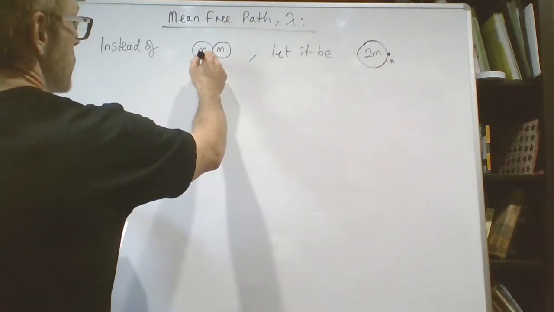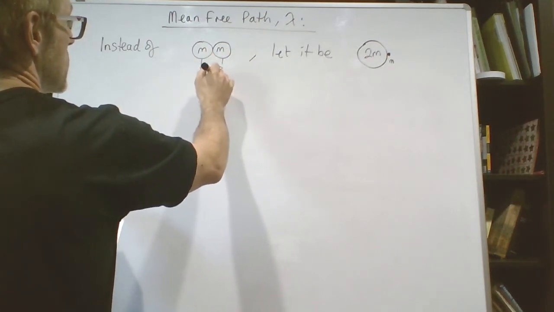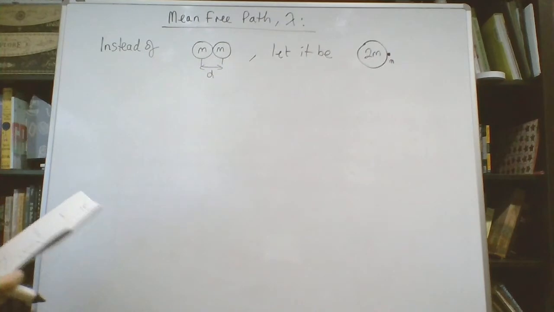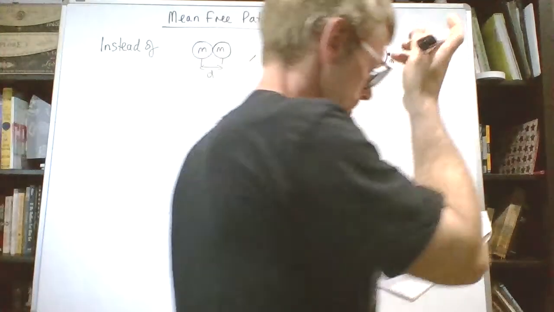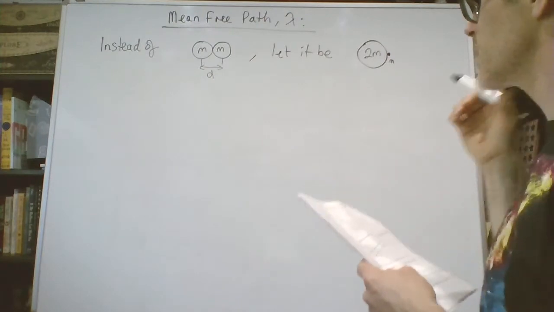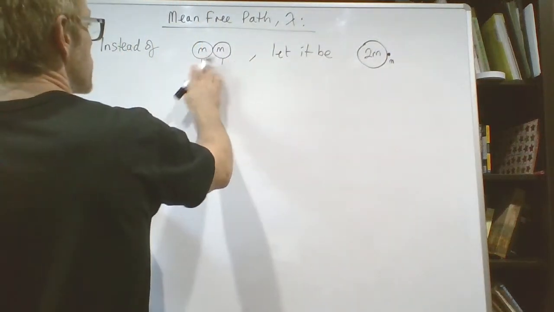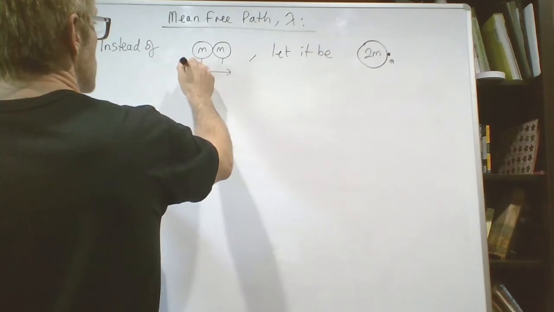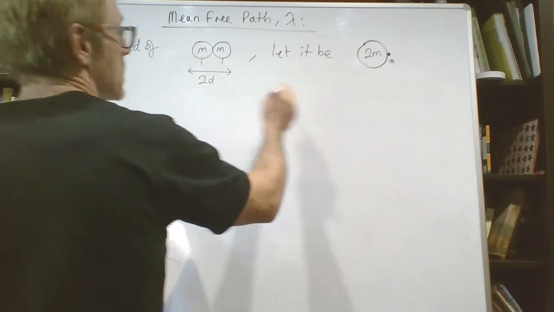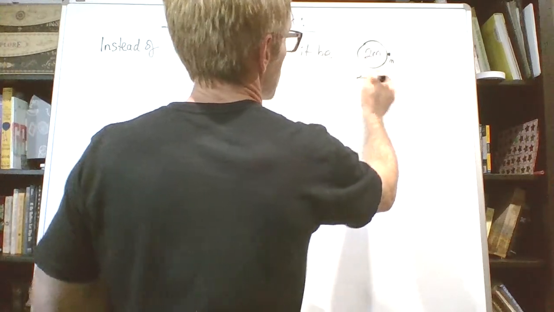So instead of having a diameter of our system here, I guess if I do it this way, now the whole thing is trapped in that big M there.